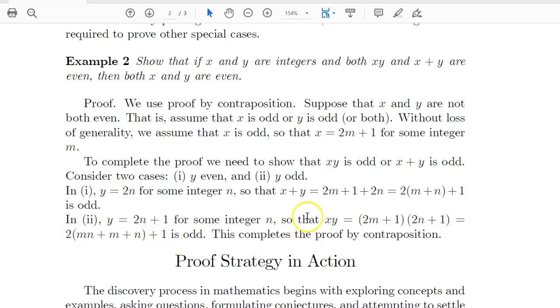This shows that xy is an odd number, 2 times an integer plus 1. And this completes the proof. xy in this case is odd.